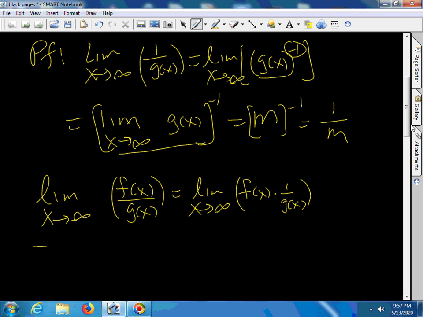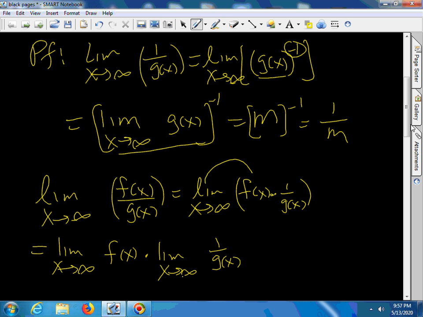We know that this is equal to the limit as x goes to infinity of f of x. This is the product rule at infinity times the limit as x goes to infinity of 1 over g of x. That is, it's the limit of this times the limit of that.